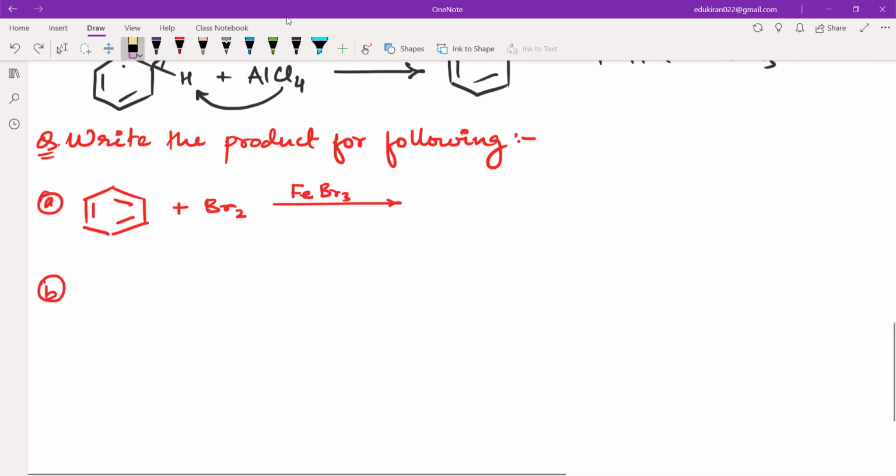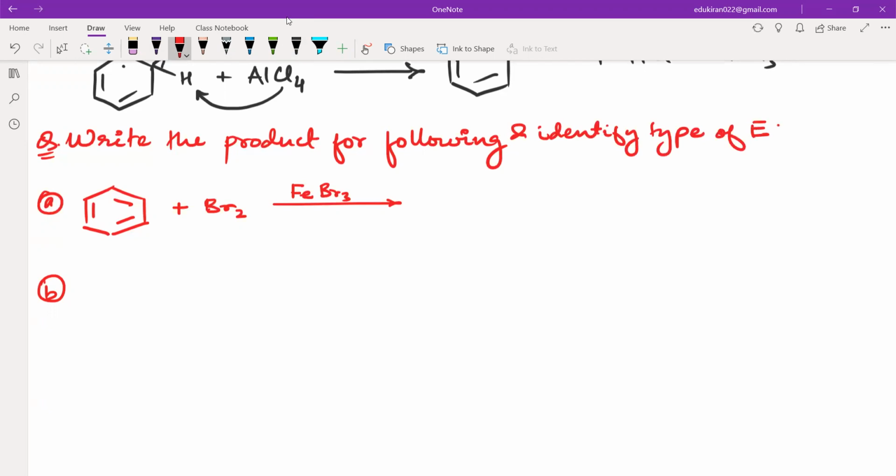And identify the reaction, whether it is halogenation, nitration, alkylation, what is it? Sir, do we have to write all the products or just the main one? That's the main one, just the organic one. Main product.